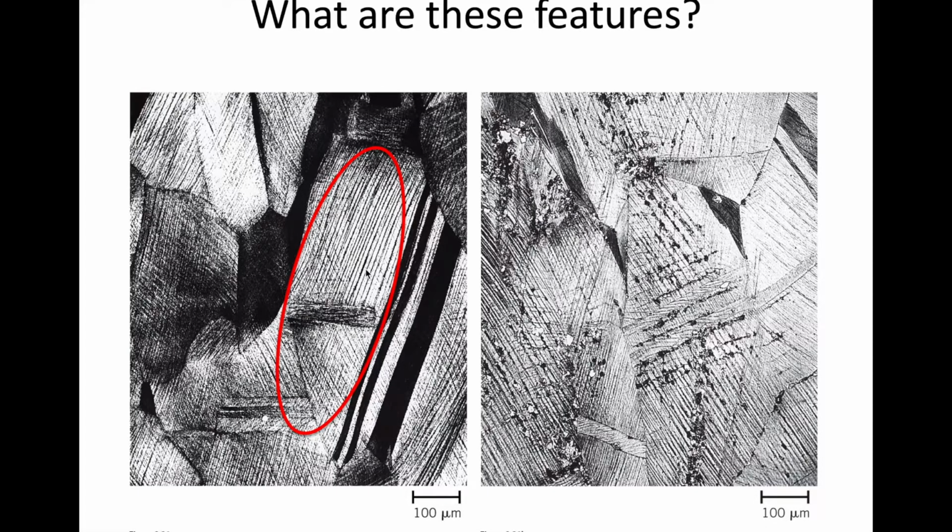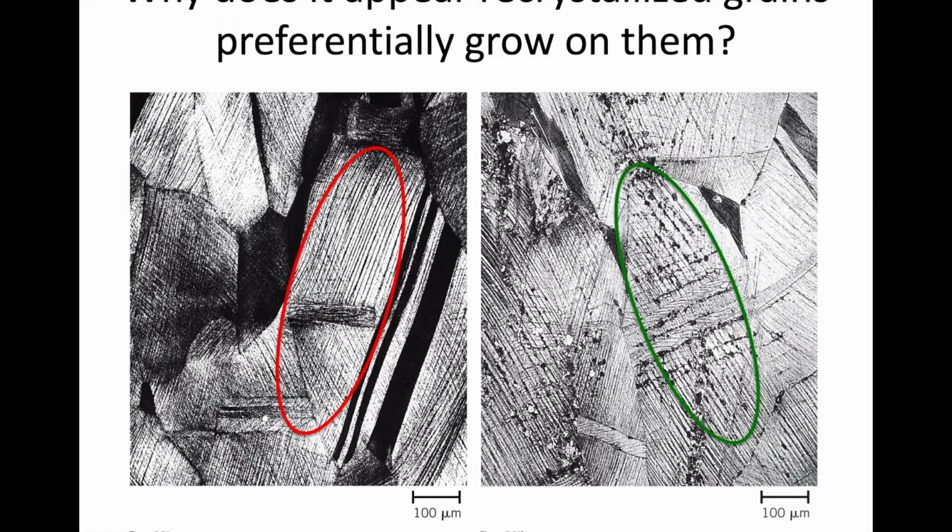And so that's important, right? We need to know what these are because there does seem to be some preference for these features. So these are where these recrystallized grains tend to grow. They can grow other places, but definitely you see them predominantly growing on these lines.